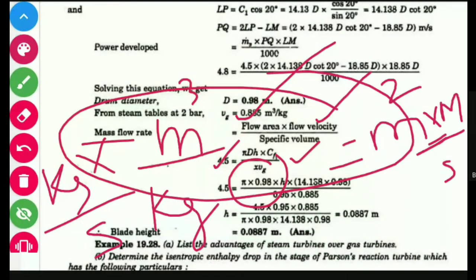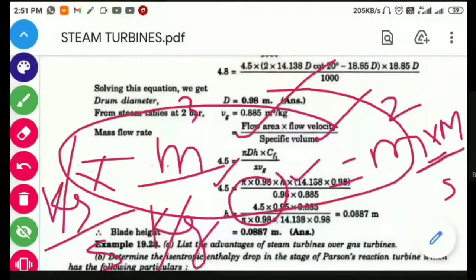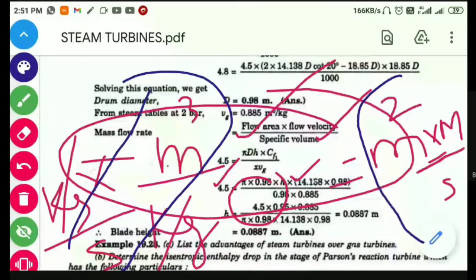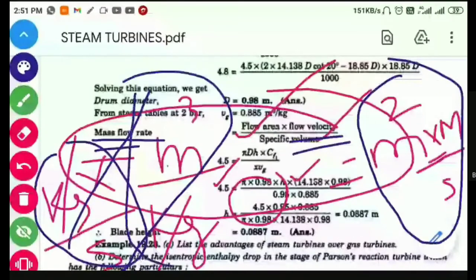Here kg cancels, and we get meter cube per second. Are the units balanced or not? Mass flow rate into specific volume is kg per second times meter cube per kg; kg cancels, and the final value is meter cube per second.